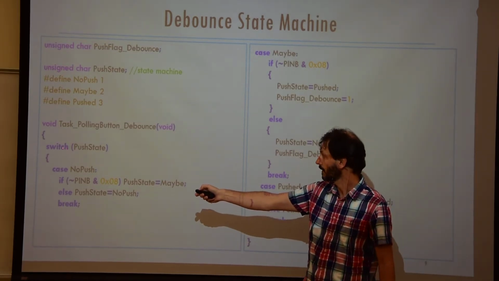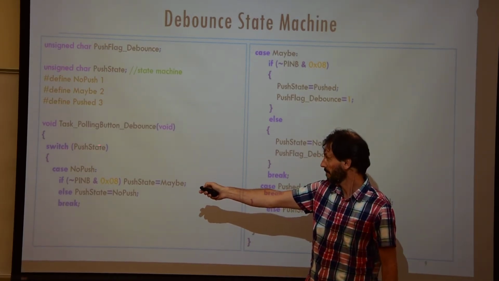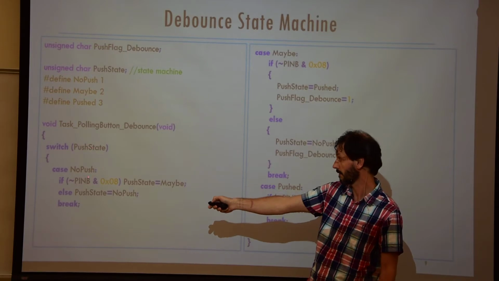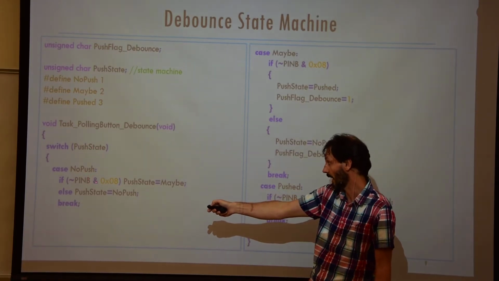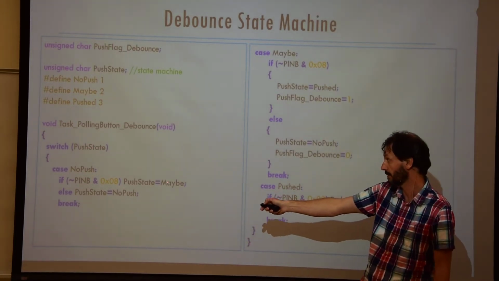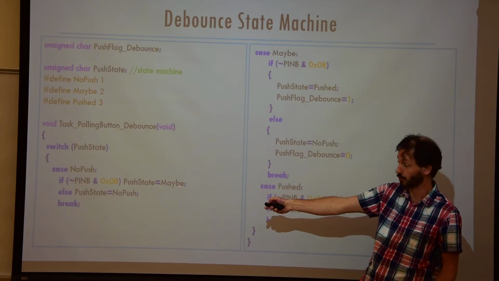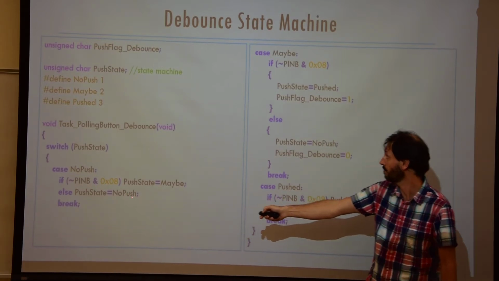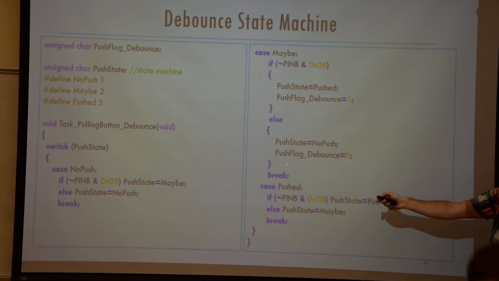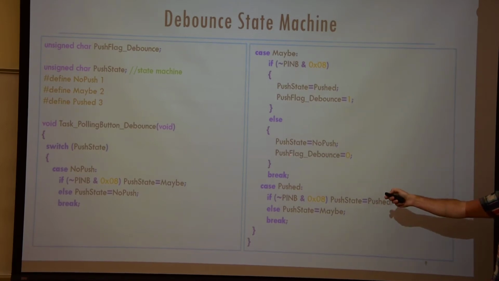So here we see switch. Depending on what the current push state is, if it's no push, I will check whether I got a push, and maybe I will go to the maybe state if that's true, and otherwise I remain in no push. This is the larger case, more code.